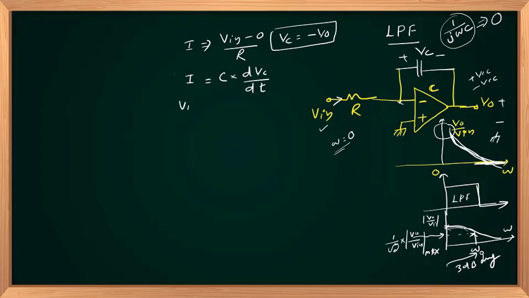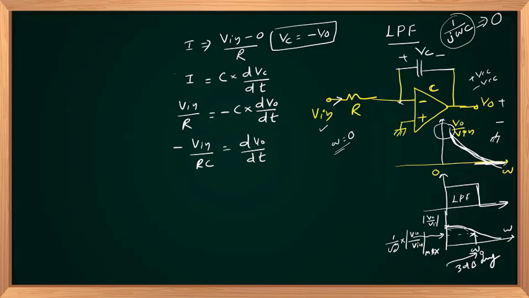So the current V in upon R is nothing but minus C times dV out by dt. I'm replacing Vc with minus V out. So minus V in by RC equals the derivative of V out with respect to time t.